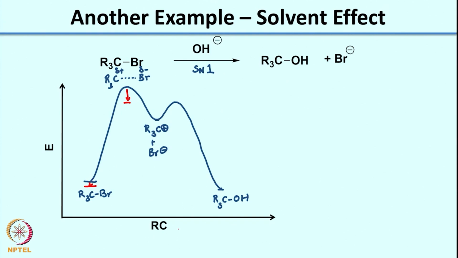So, increase in solvent polarity will show you an increase in the reaction rate. And the extent of increase would be greater than the cases earlier where you started with a slight increase, okay, for the SN2 case.